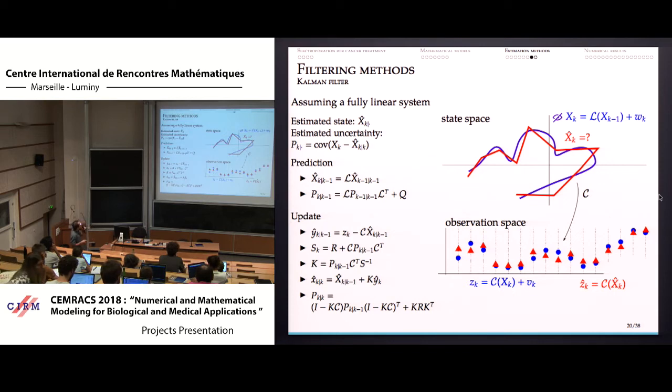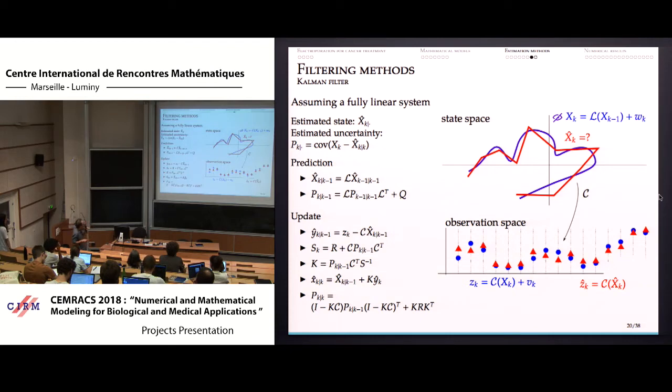This is how it behaves in reality, but we cannot observe x_k directly. We will use a model, x hat, which will evolve like L without noise. The only way we will be able to compare these two is through observations.